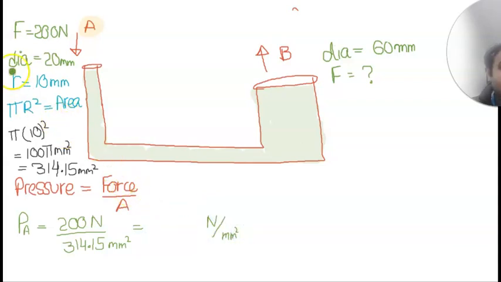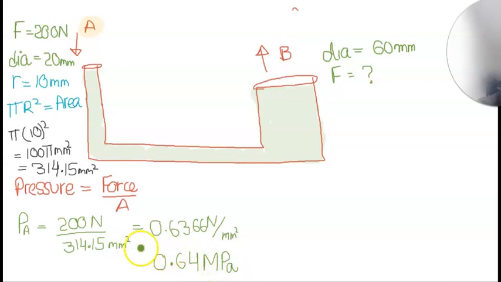If I want, I can convert that into megapascals, because Newton per millimeter square is actually a megapascal. So pressure at A is 0.6366 Newton per millimeter square, which I can round off to 0.64 megapascal.